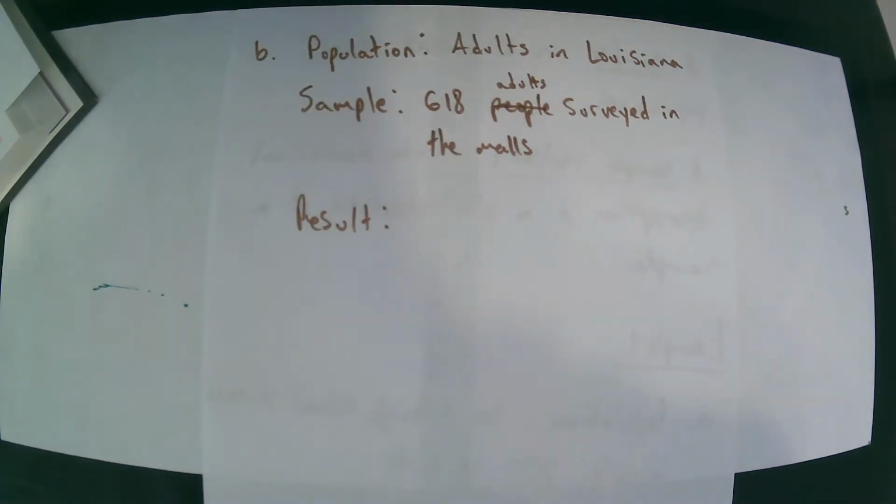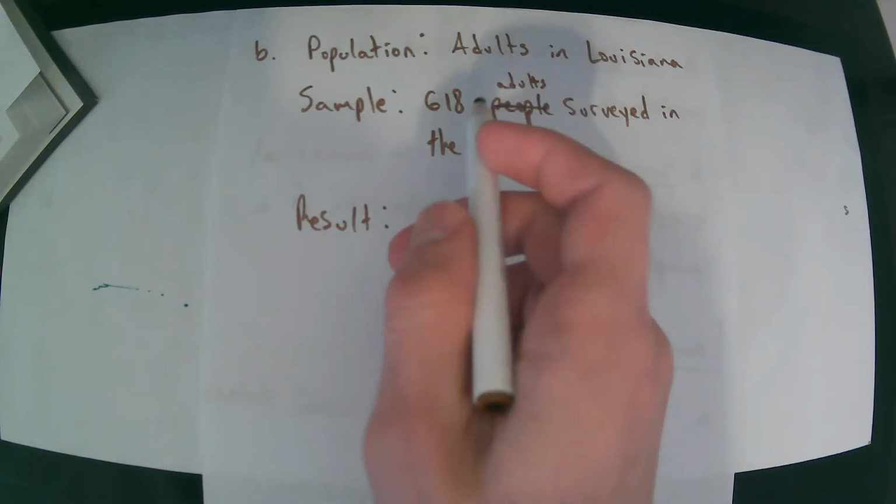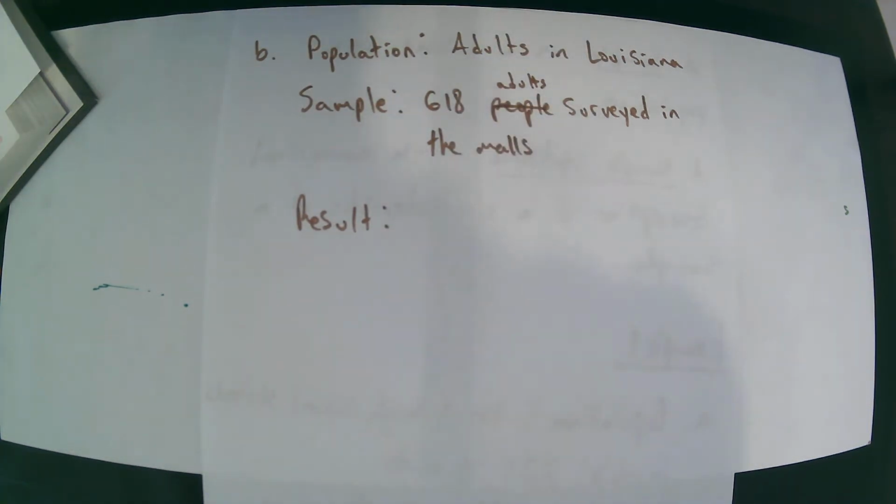The actual result is that an estimated 48% of Louisiana adults are in favor of government regulation of these high-fat fast food options. Okay, so is their report or their result about these people who were surveyed in the malls? No, it doesn't say that. It does not say out of the 618 adult shoppers, 48% want this government regulation.